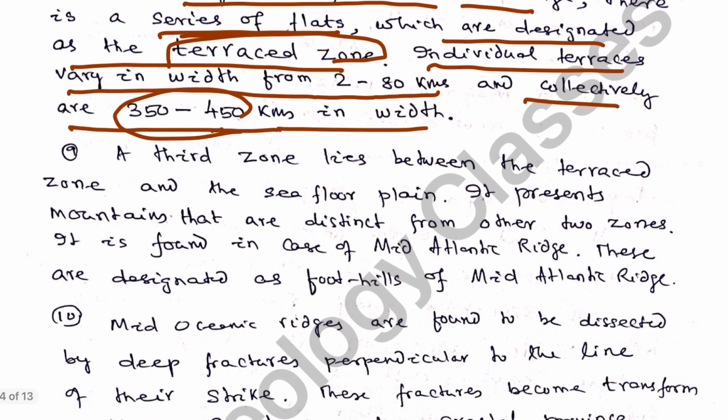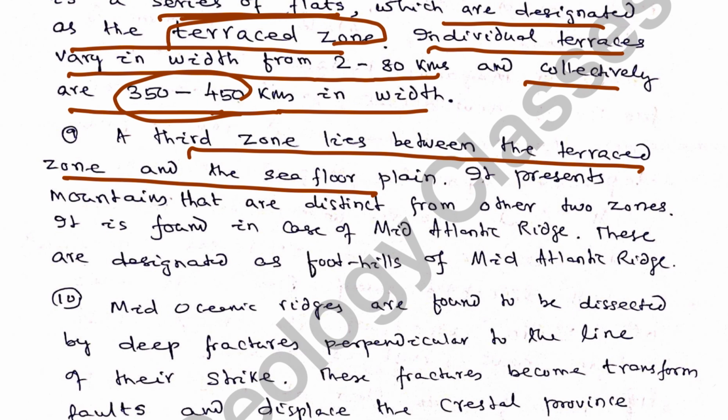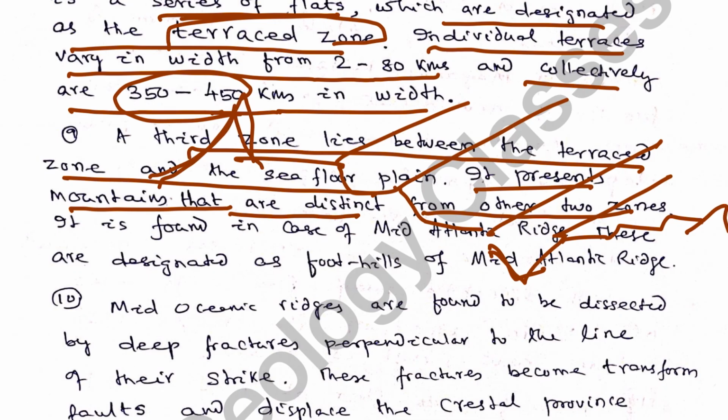They are followed by the third zone, which lies between the terraced zone and the sea floor. It represents the mountainous part that is distinct from the other two zones. So we have the centrally sunken rift valley, then flats, then ridges, then the highlands or mountains.